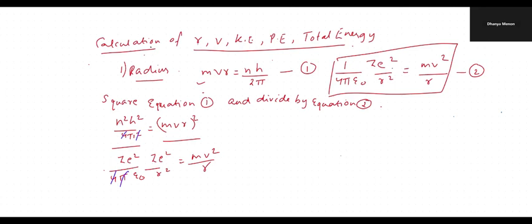So after all these cancelling things, I come to this value, n square h square by pi times epsilon naught by ZE square equal to m r square times r.